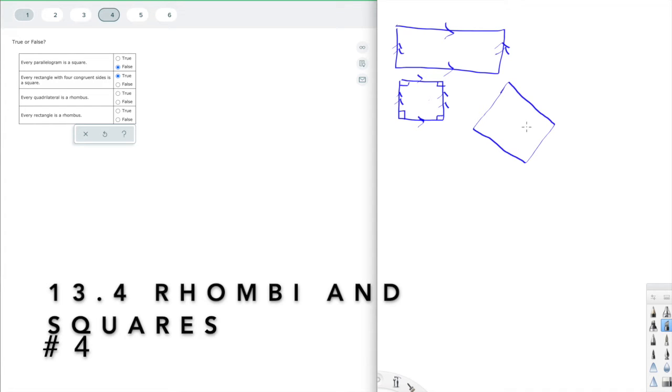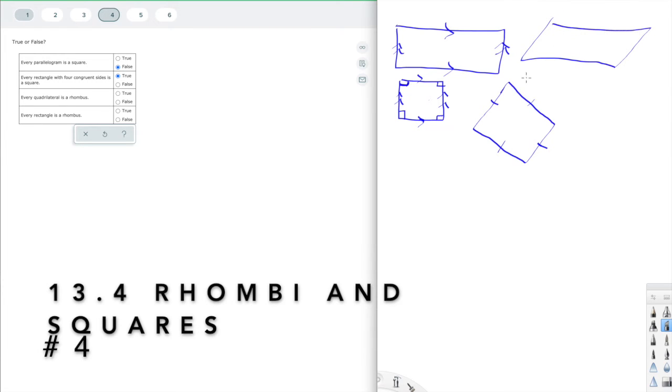But it can be a diamond shape where it's not really a square. A rhombus just has four congruent sides. It's a parallelogram with four congruent sides, but it doesn't require the 90 degrees like a square. So every quadrilateral would not be a rhombus because this is a quadrilateral, this rectangle up here. Or I could have the basic parallelogram shape we started with before.